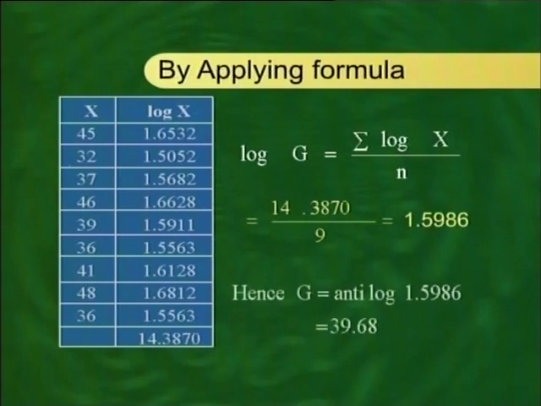The last step is to take the antilog, and doing so, the geometric mean of these 9 values comes out to be 39.68. ये तो हुआ formula for the geometric mean in case of raw data.